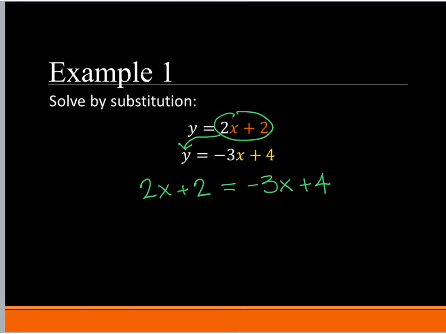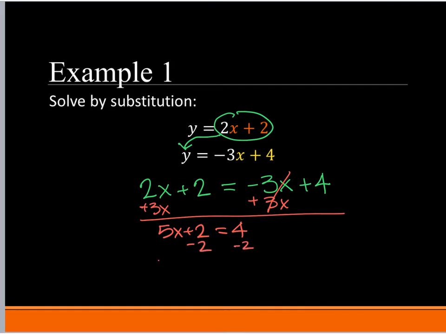Now I have an equation where I need to solve for x. To solve for x, I'm going to get all my x variables on one side. So I will add 3x to both sides, and I'm given 5x plus 2 equals, these are going to cancel, so that gives me 4. Now I need to get rid of my 2 by subtracting it from both sides. So I have 5x equals 2.